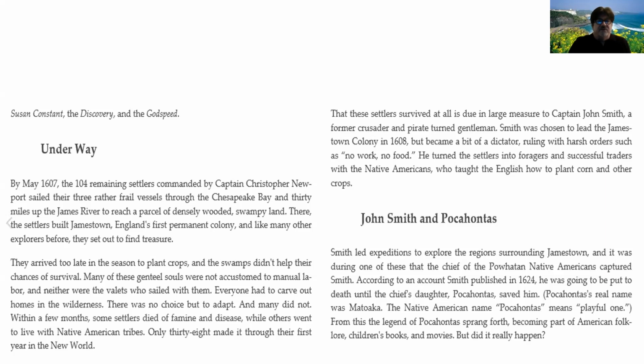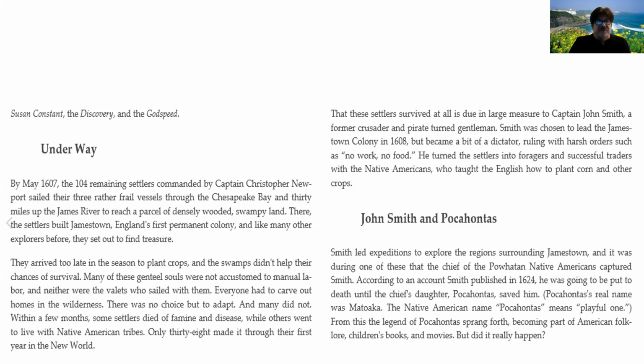Okay, first we start with the word 3 rather frail vessels. Okay, frail is weak, weakly built or weakly structured. A very small, tiny woman, they say, she looks frail, right? So these ships were not the strongest of ships, at least strongly built. And vessels are another name for ships.